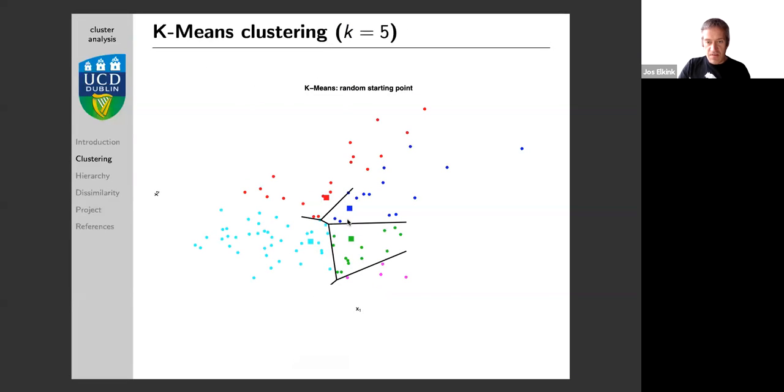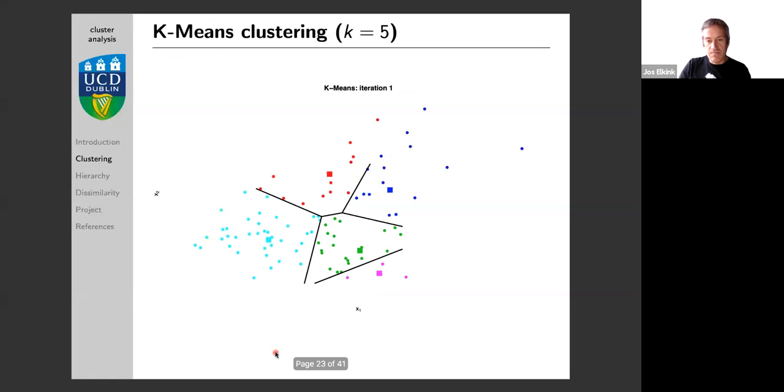So the bottom line is we have these 5 points, purple out of sight, and we can allocate each point to the nearest cluster, and then we can repeat this. Every point now moves to the center of their group, and then we can reallocate. Yeah, and we can do this a few iterations.